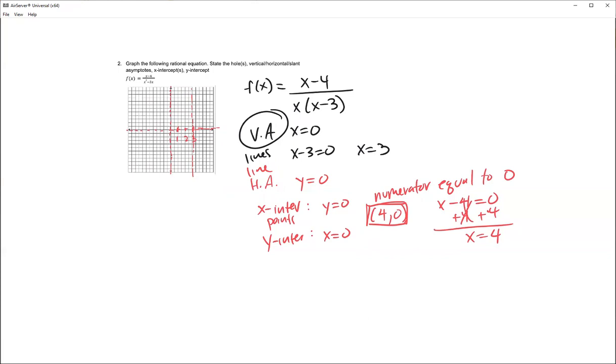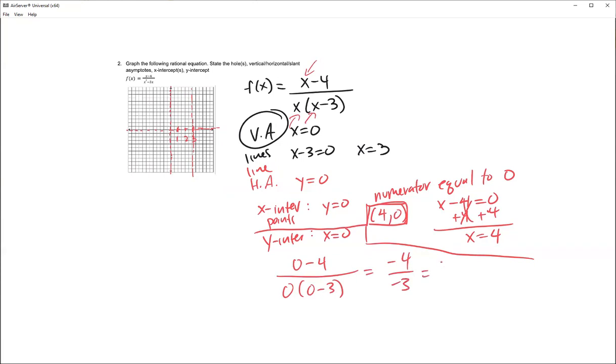For the y-intercept, I'm going to separate this out. For the y-intercept, you're going to plug in 0 for x in the equation here. So it'll be 0 minus 4 over 0 times 0 minus 3. It's going to be negative 4 over negative 3, which is just 4 over 3. So the y-intercept will be 0, 4 over 3. Wouldn't it be negative 4 over 0?